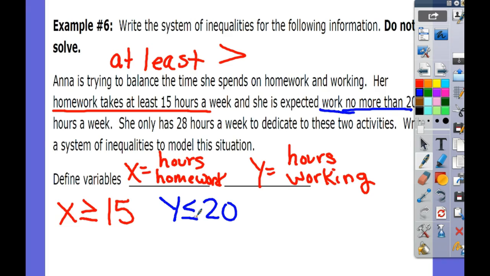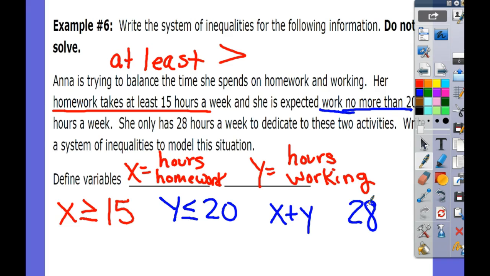She has 28 hours a week to dedicate to these two activities. What two activities? The homework and the work are greater than 28 or less than 28? No, she has only that amount.